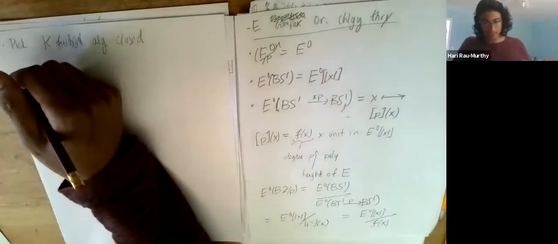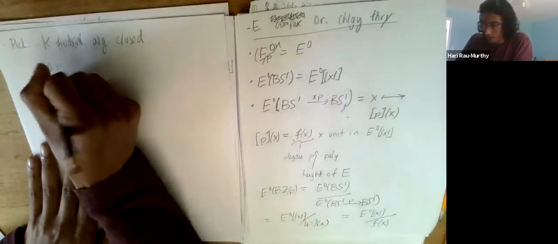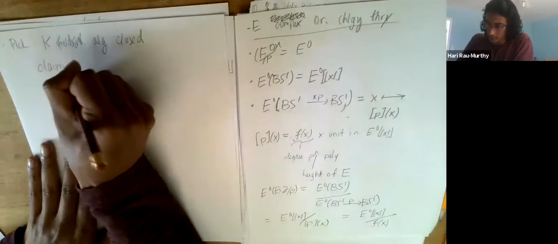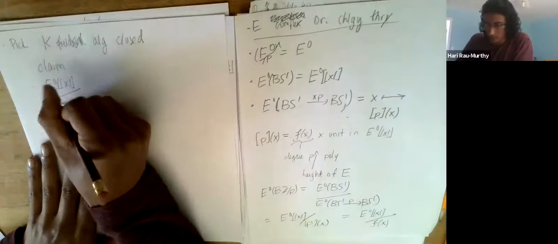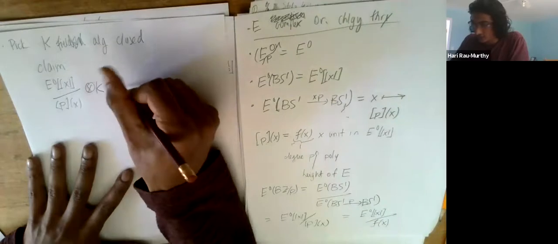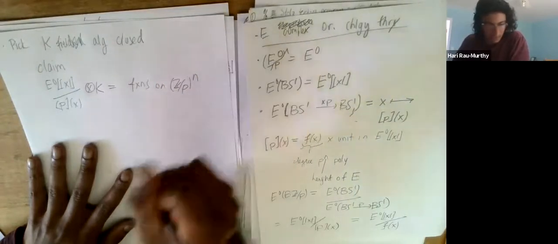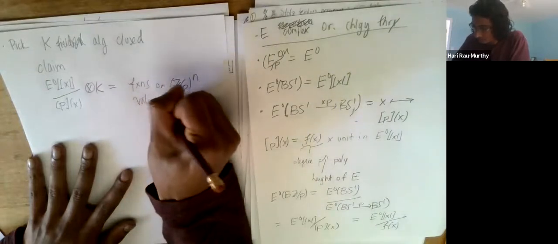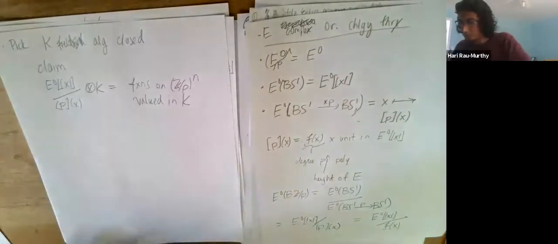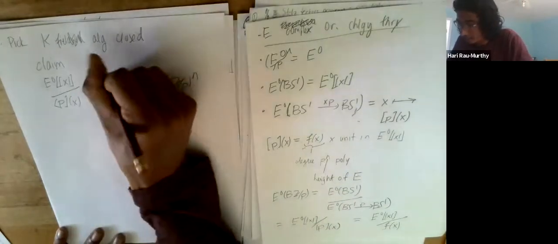If I do that, then my claim is that E star E naught double adjoint X modulo P of X tensor K will be functions on Z mod P to the N valued in K. So this map over here is the Chinese remainder theorem.